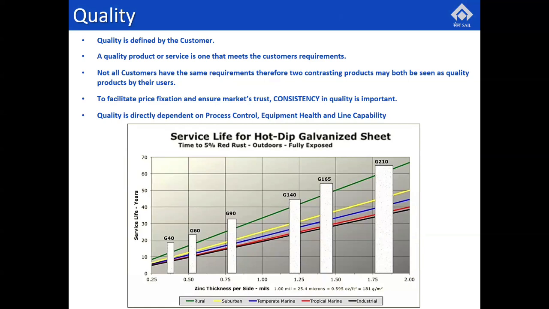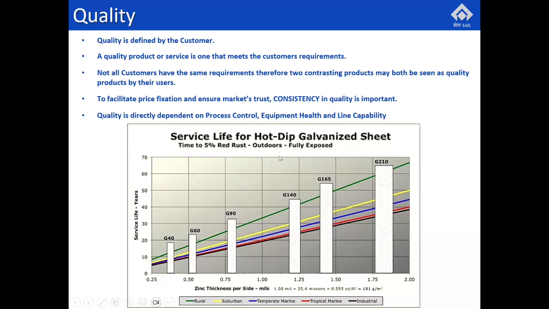To facilitate price fixation and ensure the market's trust, consistency in quality is important. If we keep on making poor quality GP, I'm quite sure we will have a market which requires that quality, and at a substandard price we will be selling it. And if we make good quality product, we need to consistently keep on making good quality products.